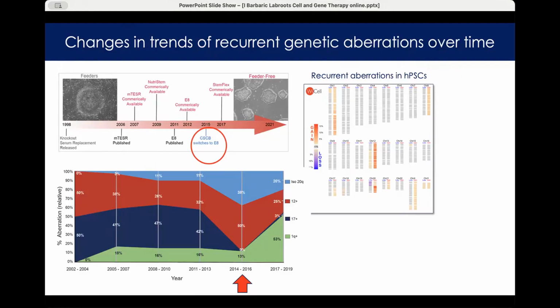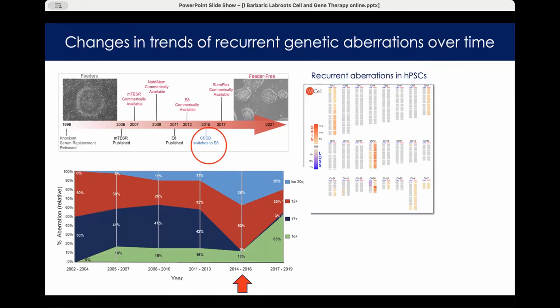The hypothesis that came out from looking at karyotypes in this way is that perhaps back in the early 2000s, gains of chromosome 1q were not prevalent because 1q gain does not provide stem cells with selective advantage on feeders. But they are prevalent nowadays, and so common, because gains of chromosome 1q provide strong selective advantage to cells cultured in feeder-free conditions.